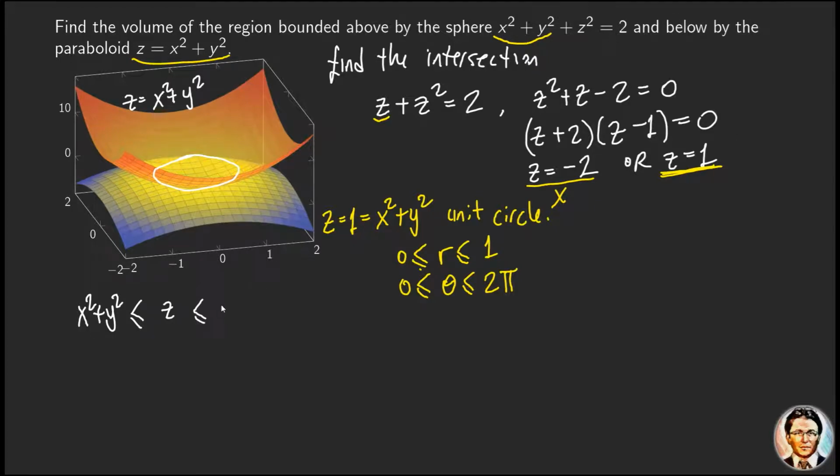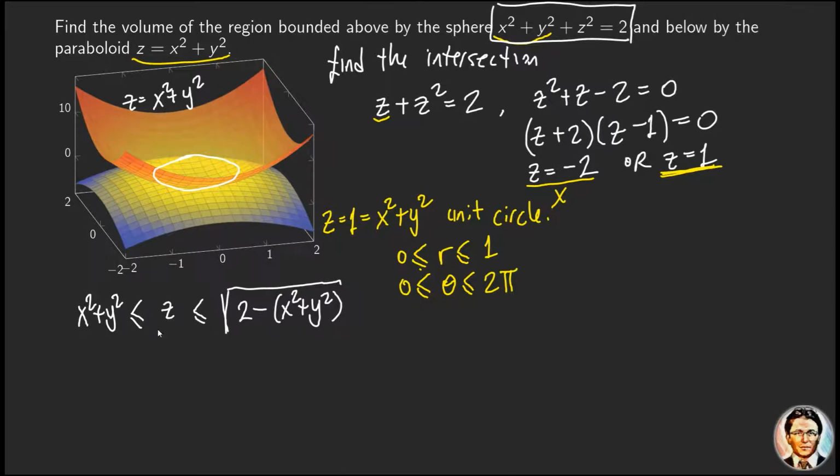From the sphere equation, if you express z, it is going to be the square root of 2 minus x squared plus y squared.